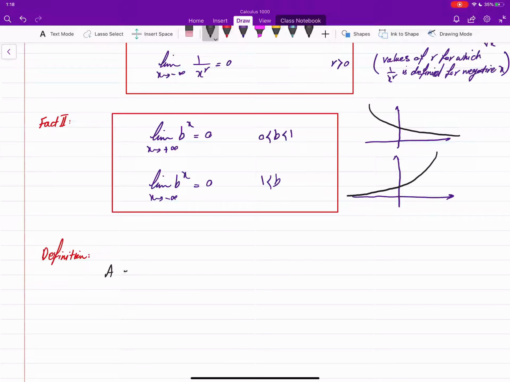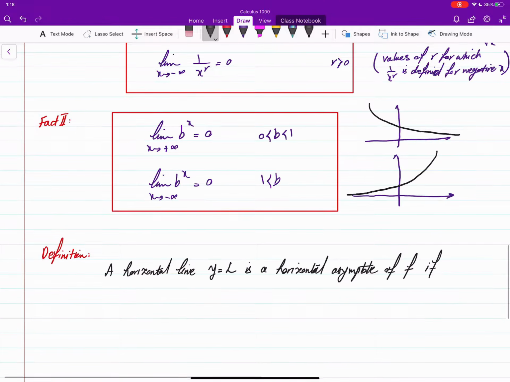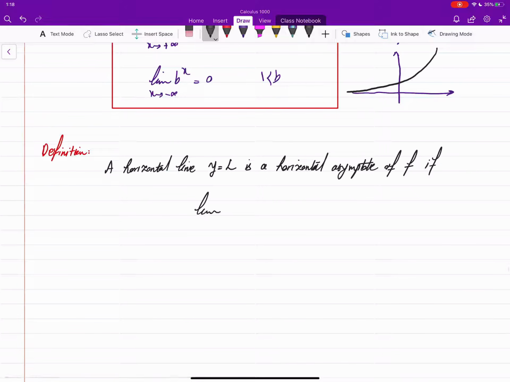A horizontal line y equal to L is a horizontal asymptote of f if one of these happens: either the limit of the function as x goes to plus infinity is equal to L, or the limit of the function as x goes to negative infinity is equal to L. So either that or that.